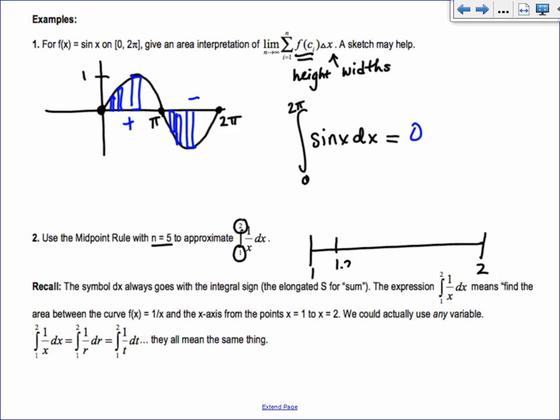So this is going to be 1.2, 1.4, 1.6, 1.8. Right, 0.2. Do you guys see how it makes 5 rectangles? Now, if I want to use a midpoint, I'm not using 1.2, I'm using 1.1 to get the midpoint. I'm going to use 1.3, 1.5, 1.7, 1.9.